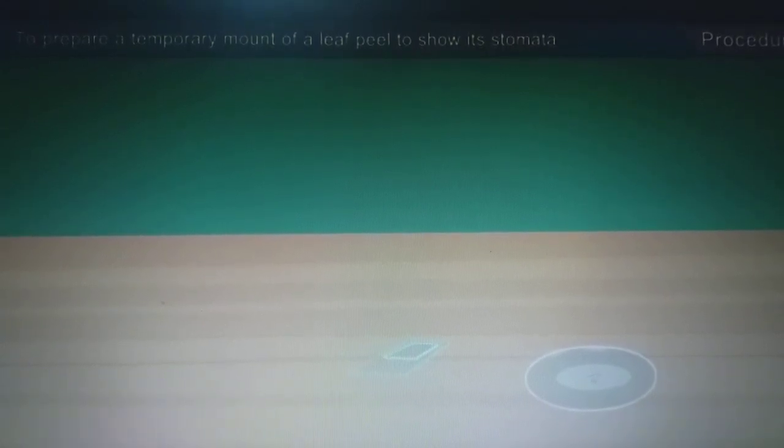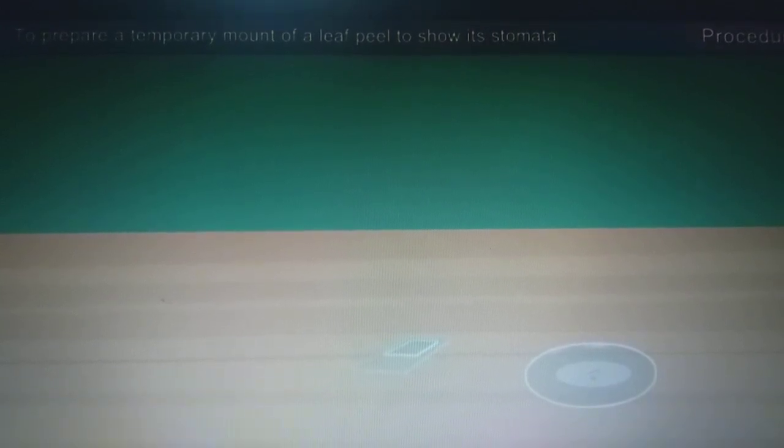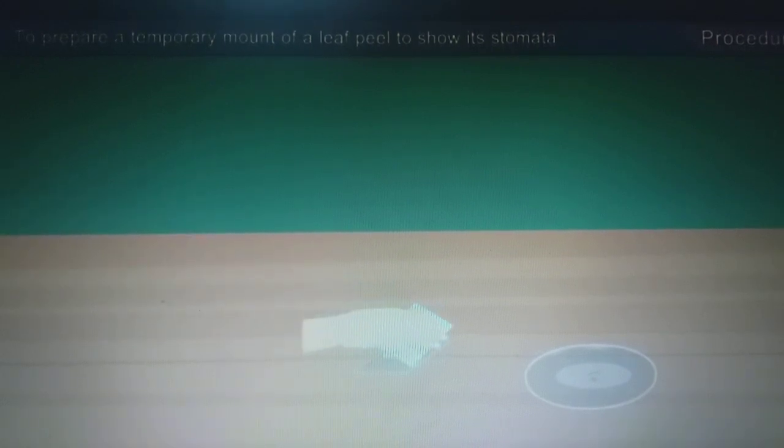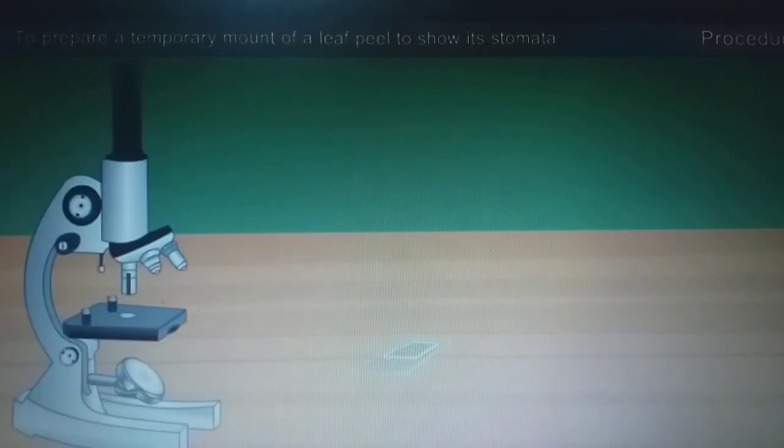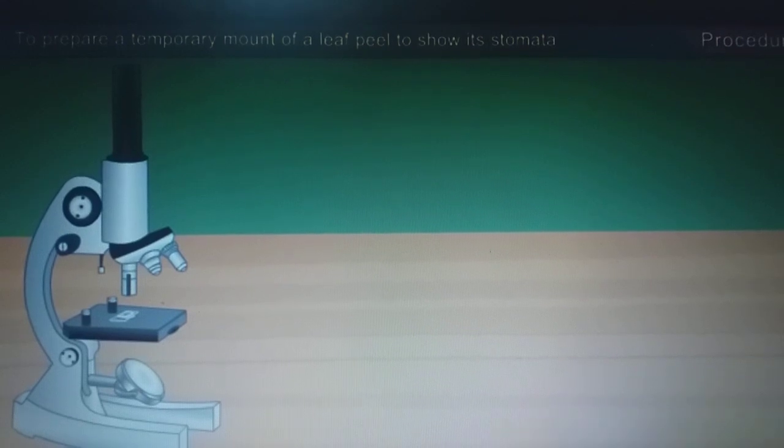Be careful that the peel should never be folded. Place the cover slip on the slide gently and gradually to avoid the entry of air bubbles. Drain out the extra stain by blotting paper. Now examine under the low power of the compound microscope.